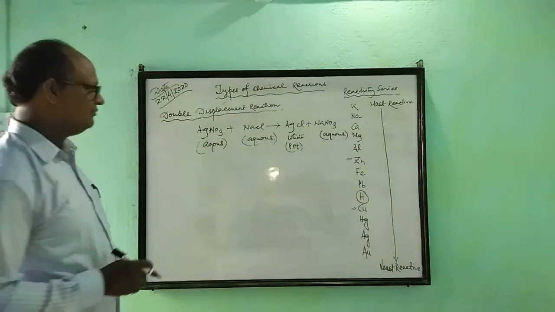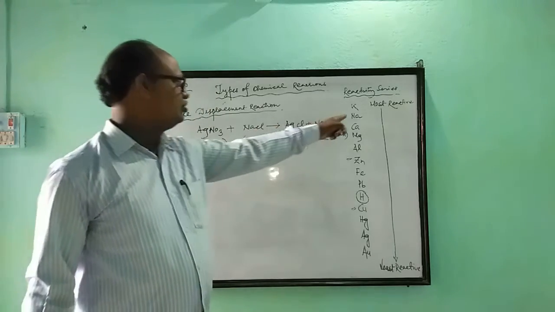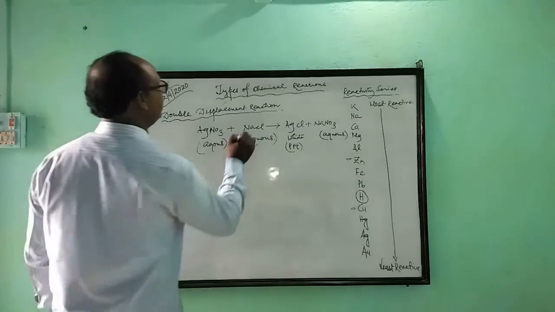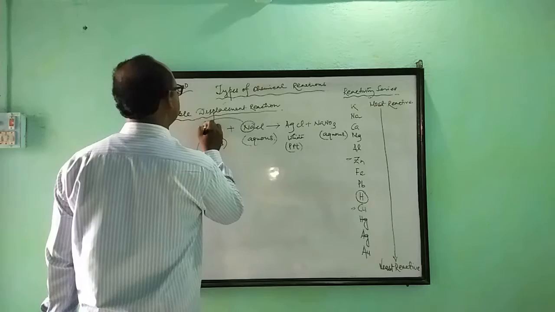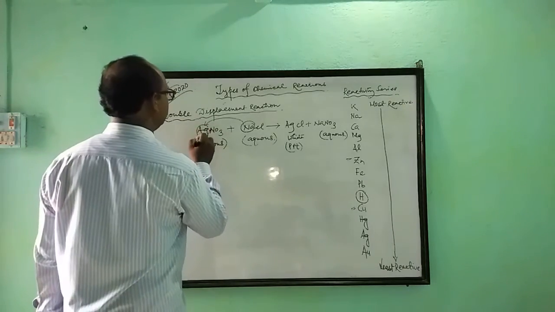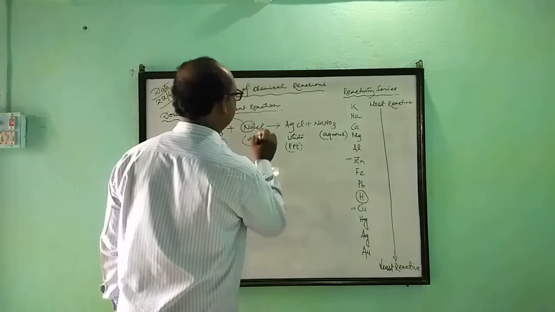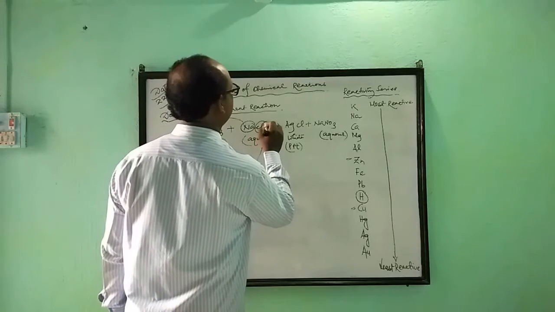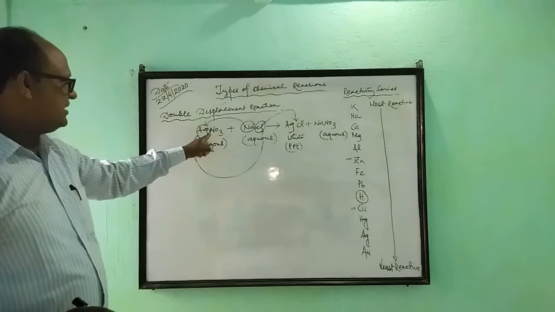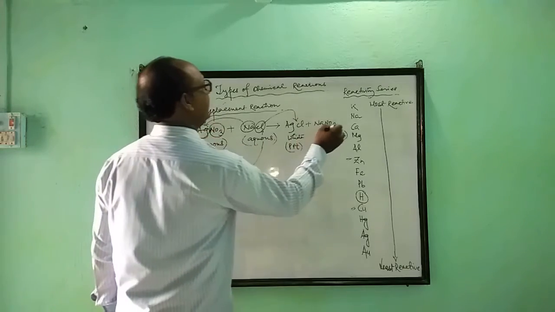Here Ag is placed lower than the sodium Na. That is why sodium can displace Ag. Sodium displaces Ag and Ag combines with chlorine to make AgCl.